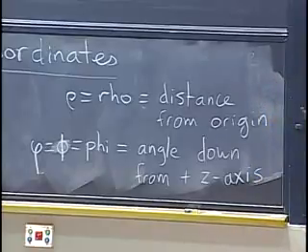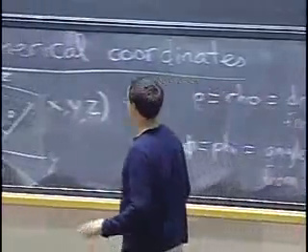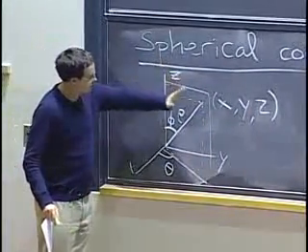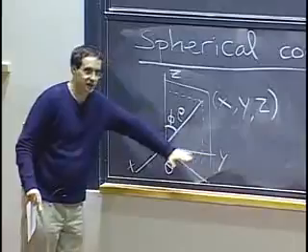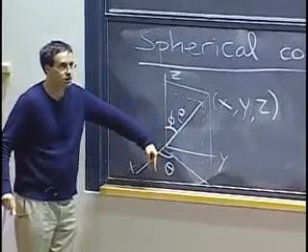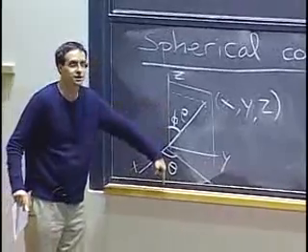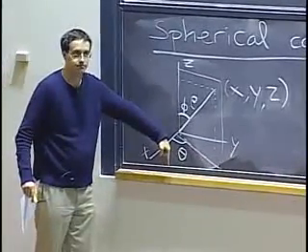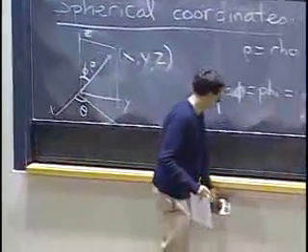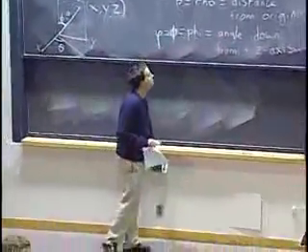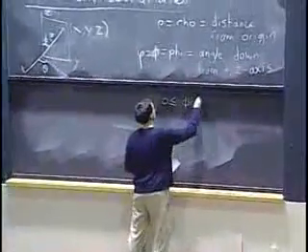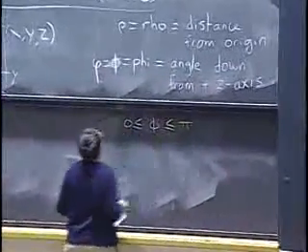And so that angle varies from 0 when you're on the z-axis, increases to pi over 2 when you're in the xy plane, all the way to pi, or 180 degrees, when you're on the negative z-axis. It doesn't go beyond that. So phi is always between 0 and pi.